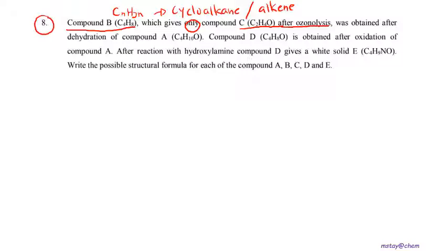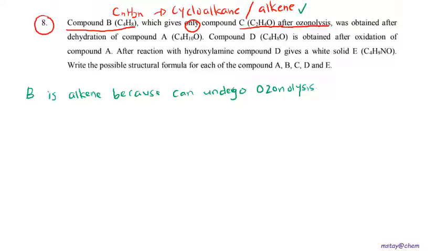So between the cycloalkane and alkene, definitely we know that alkene will undergo ozonolysis. So you can write down here, B is alkene because it can undergo ozonolysis.